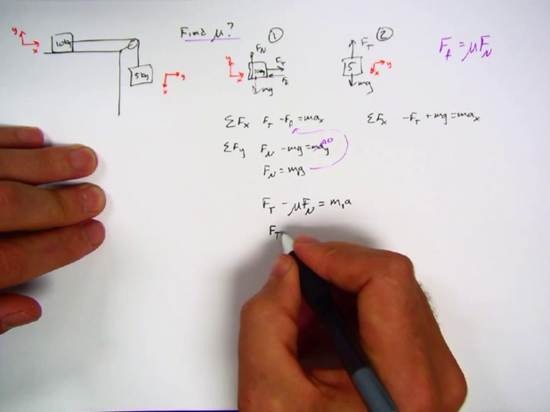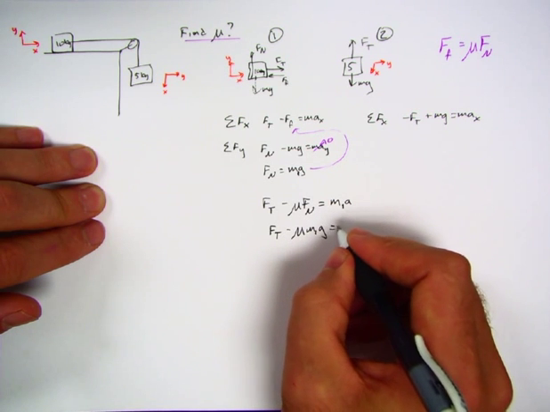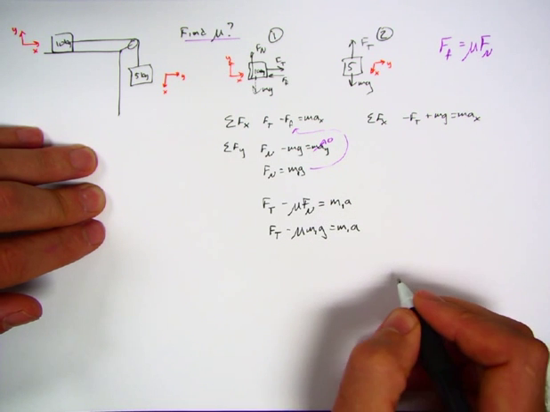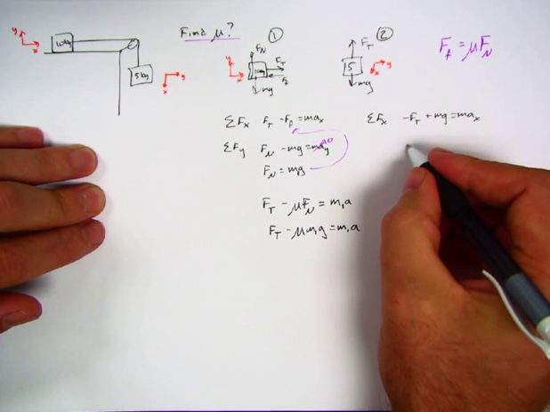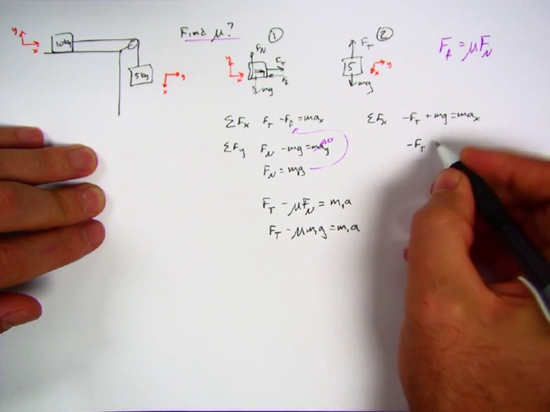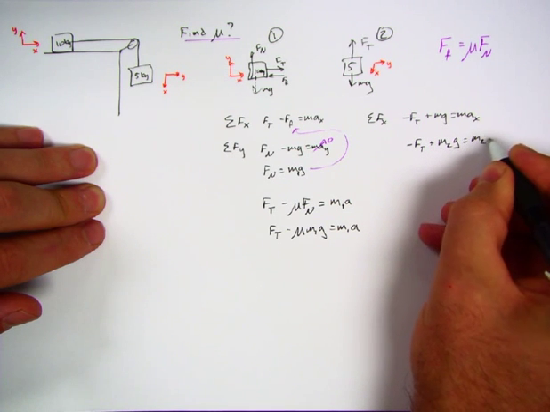So force of tension minus mu m1g equals m1a. And then over here we can do our labels again as well. Minus force of tension plus m2g equals m2a.